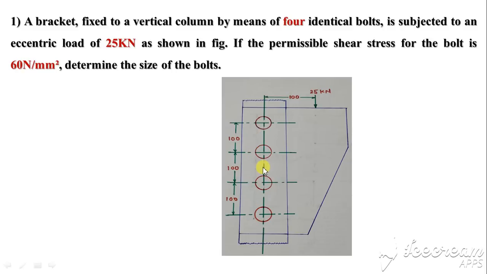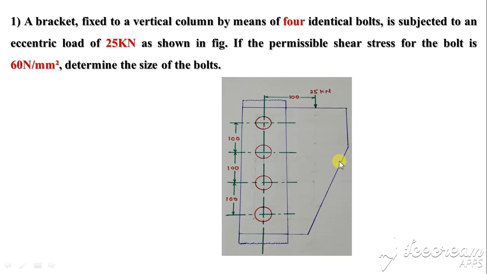So the CG of the system is somewhere here in between, from bolt, let's say, 1, 2, 3 and 4. From bolts 2 and 3, the CG of the system is 50 mm downward. For bolt number 1 and bolt number 4, the CG distance is this 100 plus half of 100, that is 150 for this bolt as well as for this bolt.